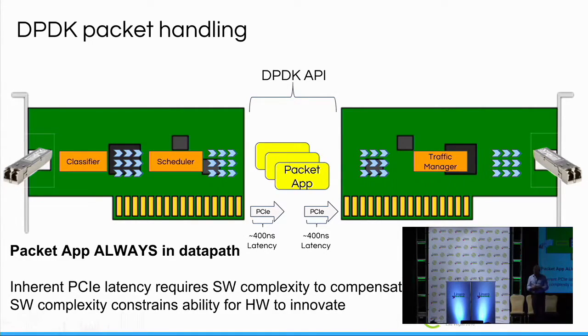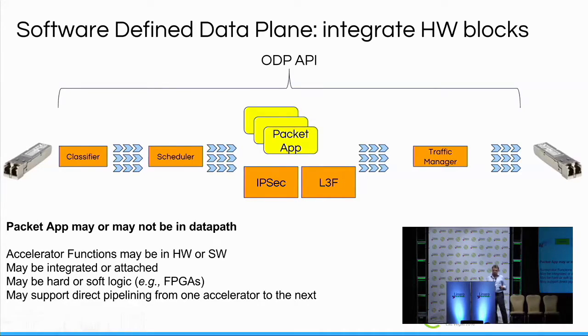So on the same diagram, do you have a complementary diagram that shows where ODP sits in relation to the same flow? This one? So ODP would control the classifier underneath and the scheduler underneath? Yes.